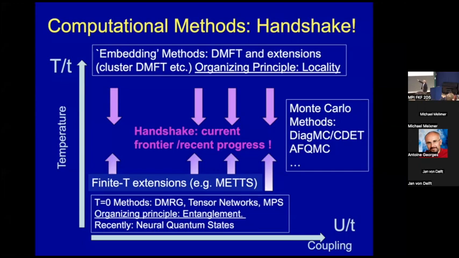So here, there is an interesting region where first, there is interesting physics. And second, these different types of methods following different conceptual routes can merge. This is what I call the handshake between different methods. And this is what is currently, in my opinion, really transforming our field.